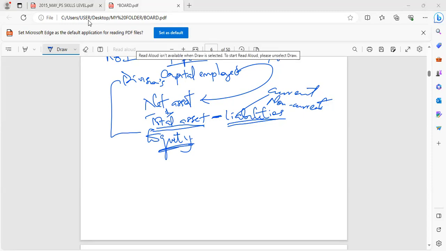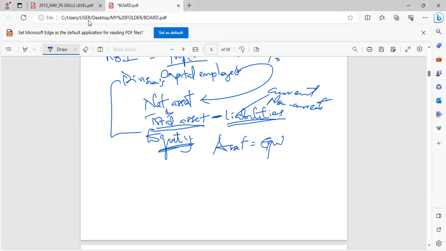Maybe assets plus liabilities. I don't know. I can't remember. I'm not sure. The equation is assets equals equity plus liability. And what is making up these assets? Both current and non-current.